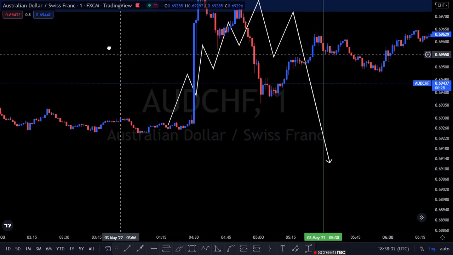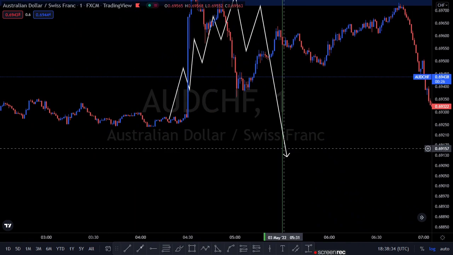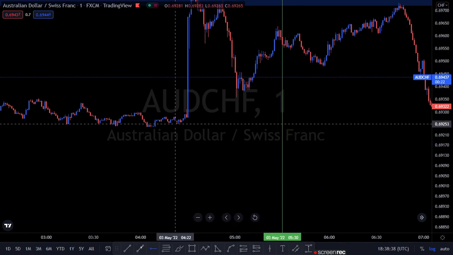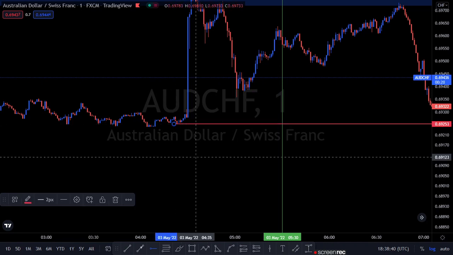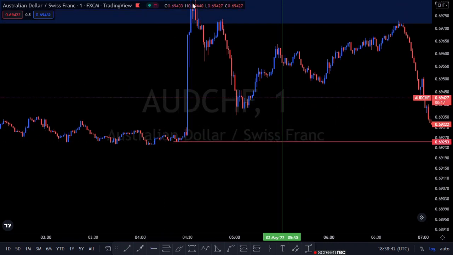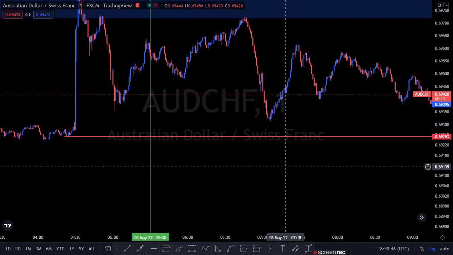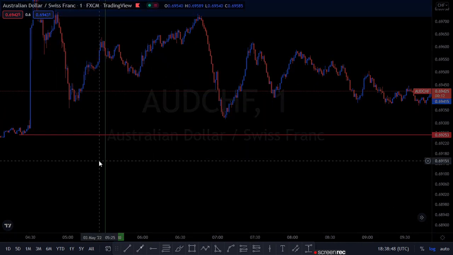So now if you want a confirmation entry, this is where you have to wait for a break of market structure here, in this area, because this is the last lower low before we push up. We had this impulse move. Good. So let's go to 15 minutes. We have the same over there.